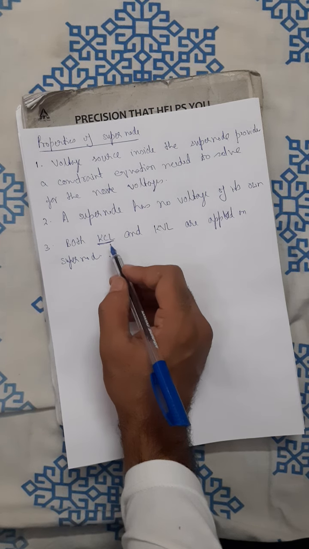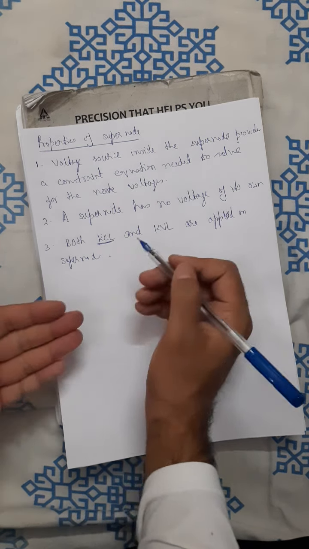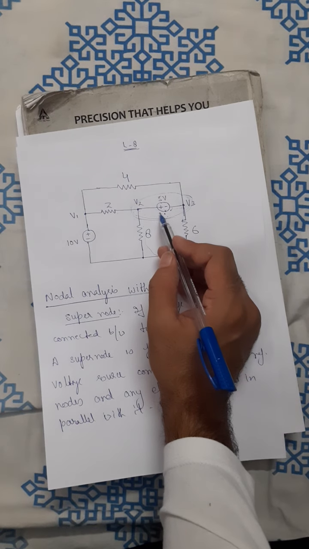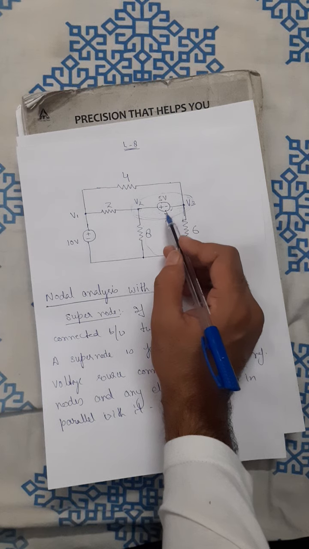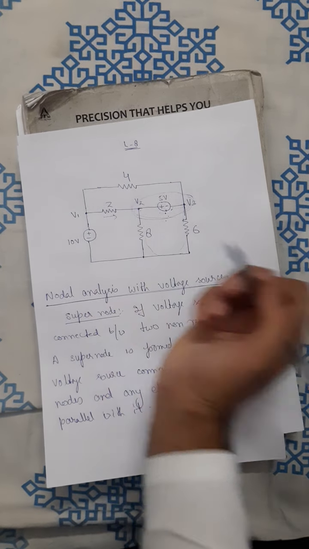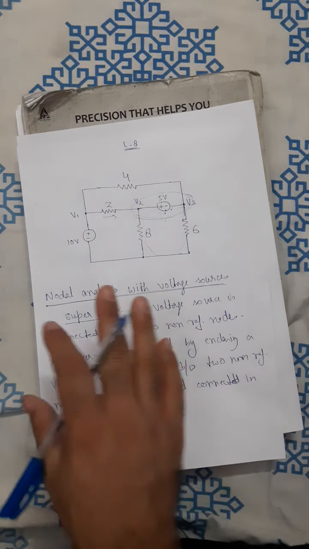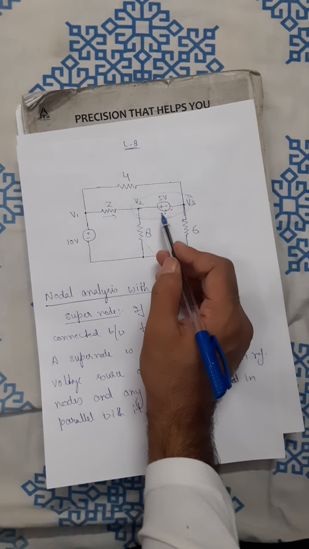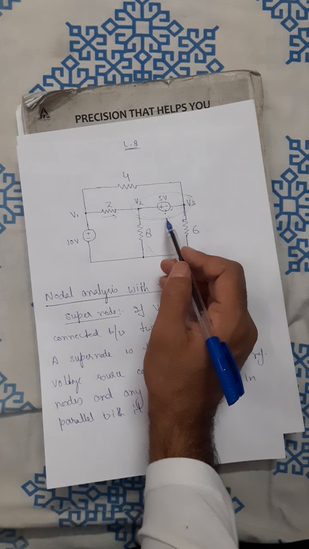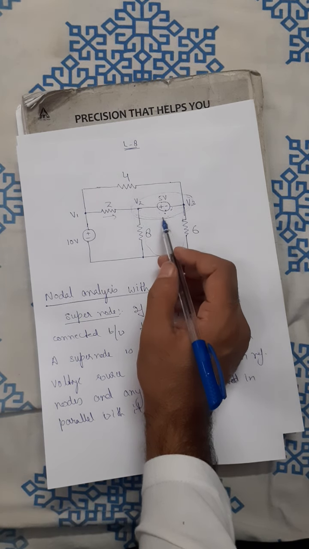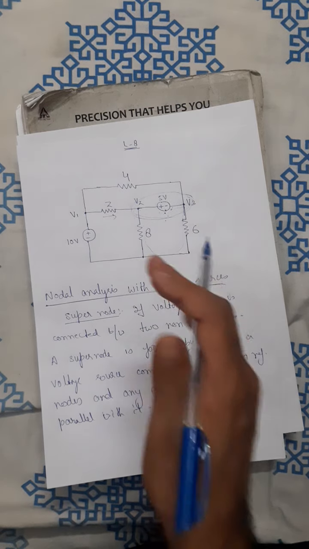We can determine the current through a resistor, or through a current source, but there is no way we can determine the current through a voltage source in advance. So that is the problem. That's why supernodes are treated differently.